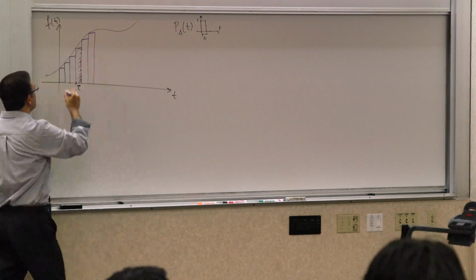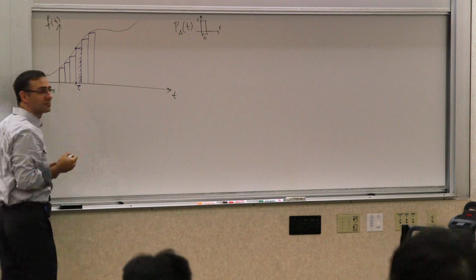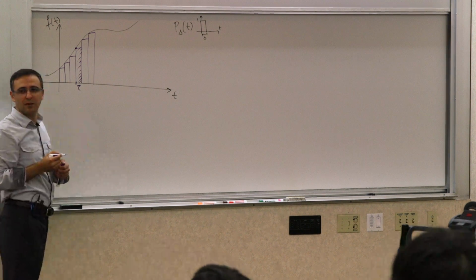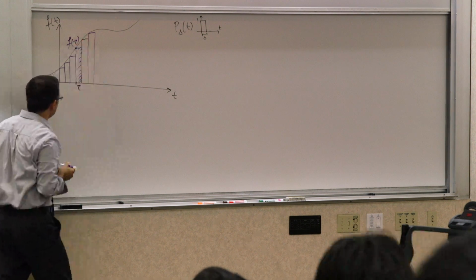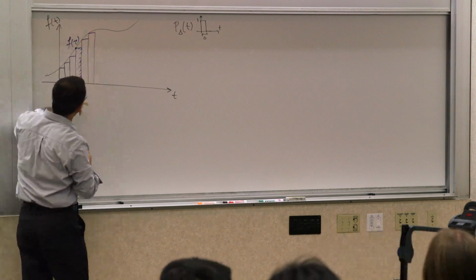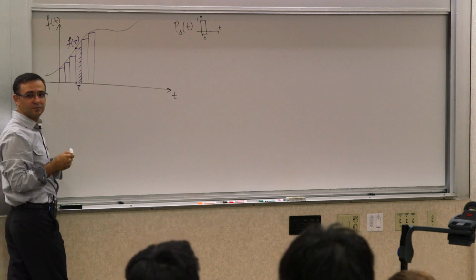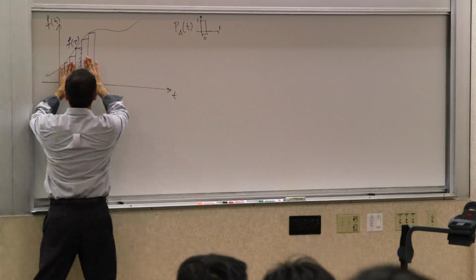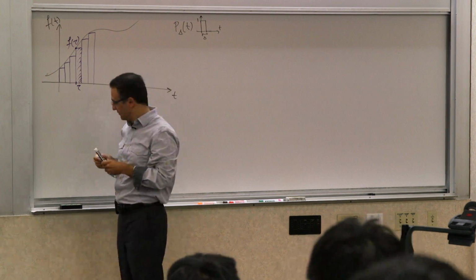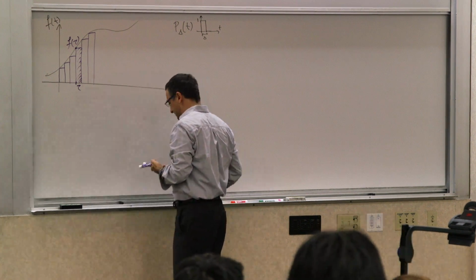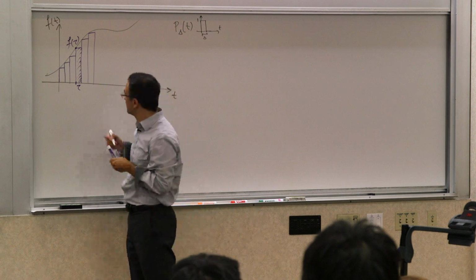What is this value here? F of tau, right? So this is f of tau. So how do you describe just this box, if I didn't want to have any of these other boxes, in terms of the p delta? How would you write it? What is this box?